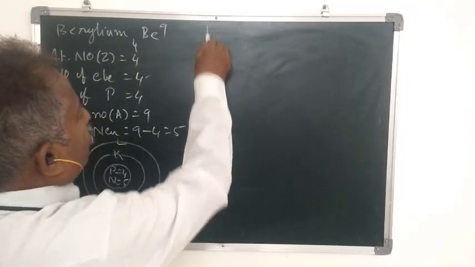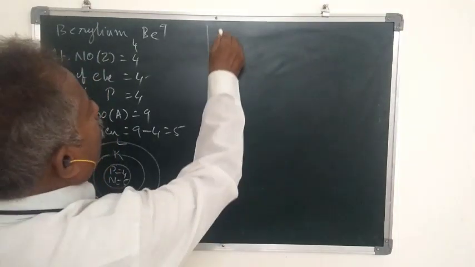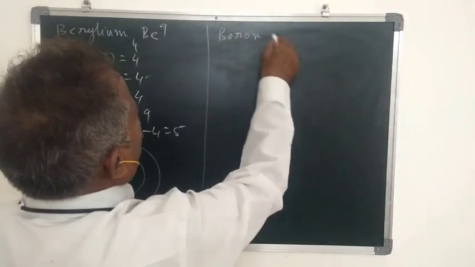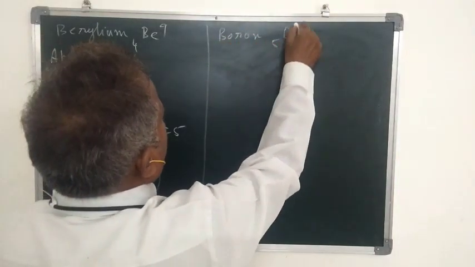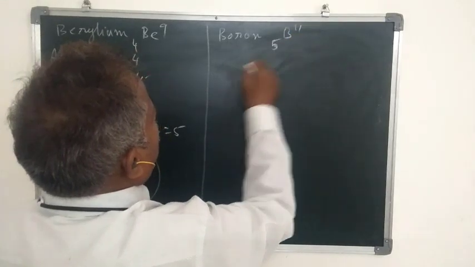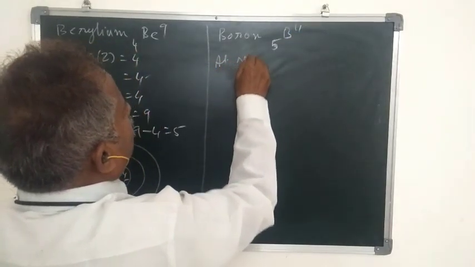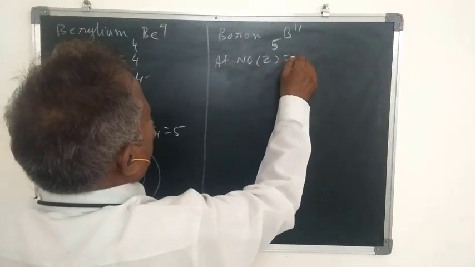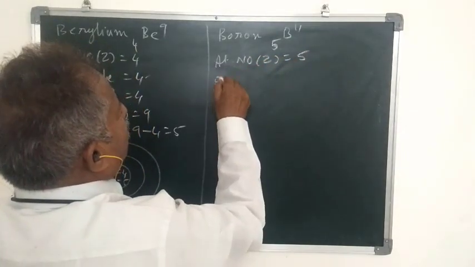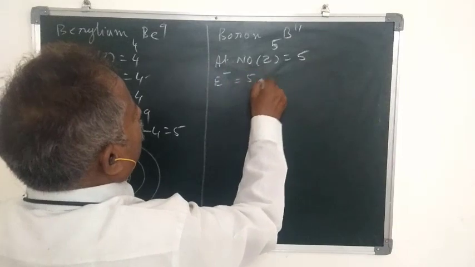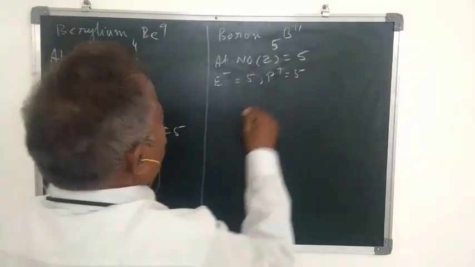Okay. Now, the next element is boron, B-11-5. Atomic number Z equals 5. Number of electrons 5, number of protons 5.